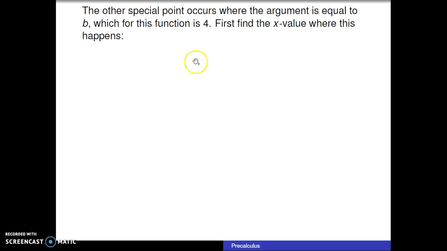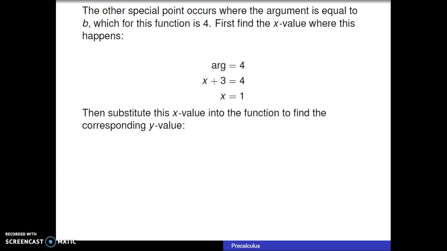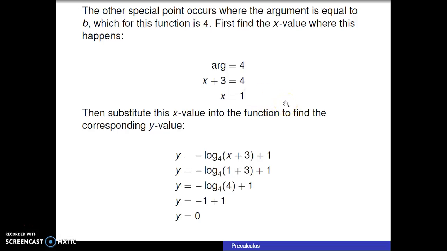To find the other special point, we want the argument to equal b, the base of the logarithm, and the base of the logarithm here is 4. So first we'll set the argument equal to 4. The argument is x plus 3, so x plus 3 equals 4. Subtract 3 from both sides, we get x equals 1. Now we'll substitute that x value into the function. We'll replace this x with 1.